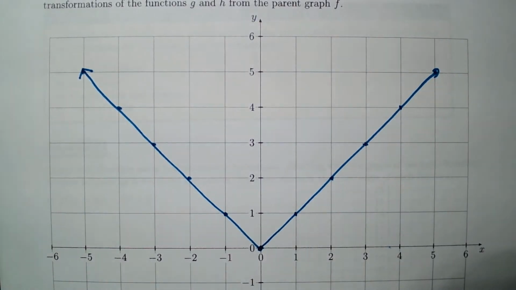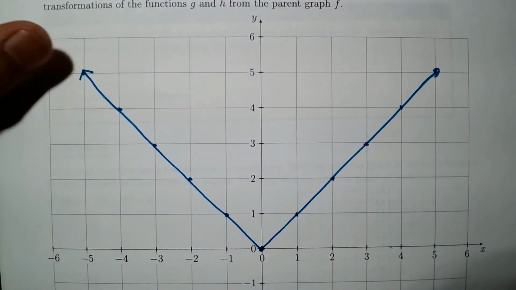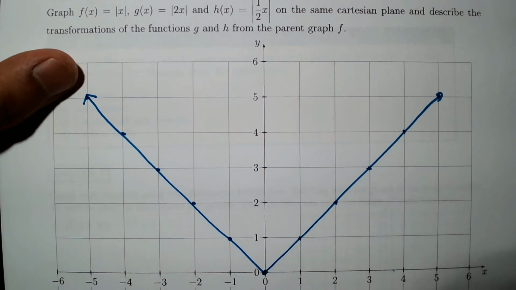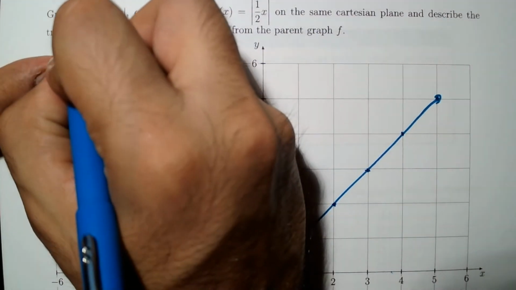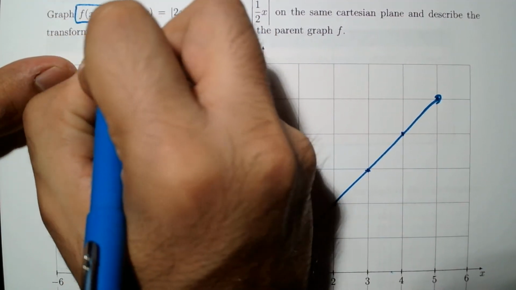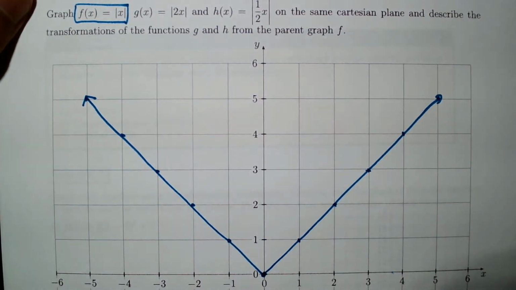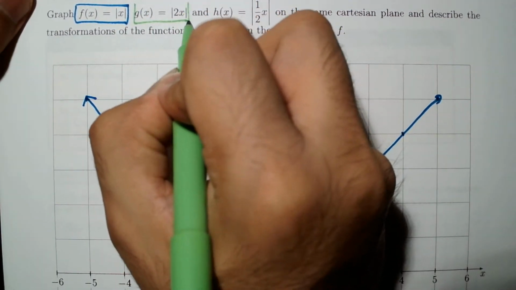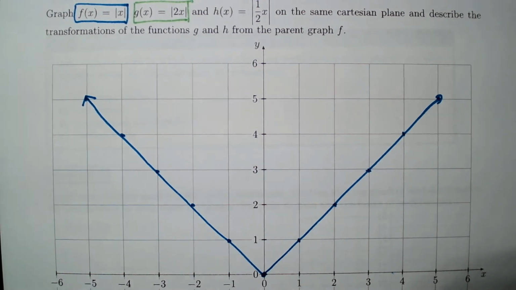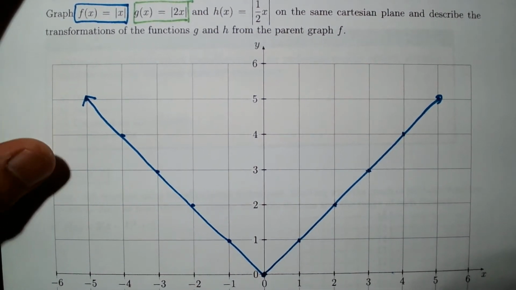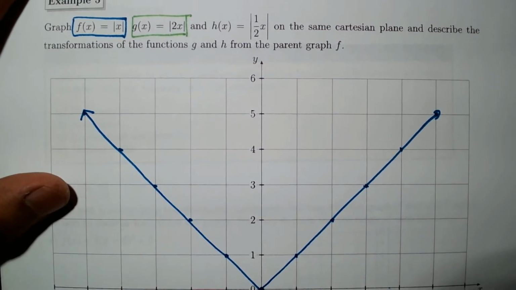Okay. All right. So that's the graph. The graph in blue will represent this absolute value of f of x, absolute value of 2x. Okay, 2x. So what are we going to do here?